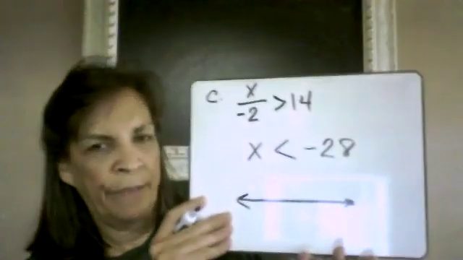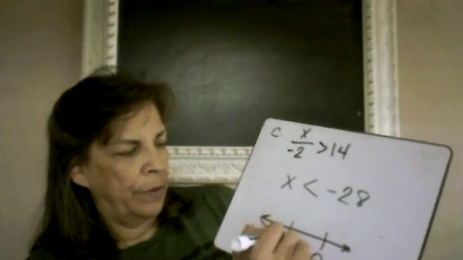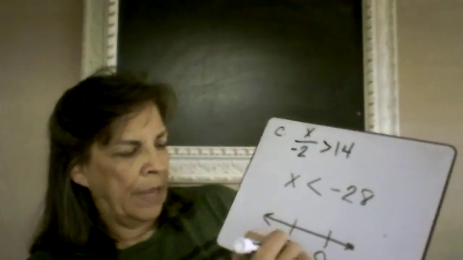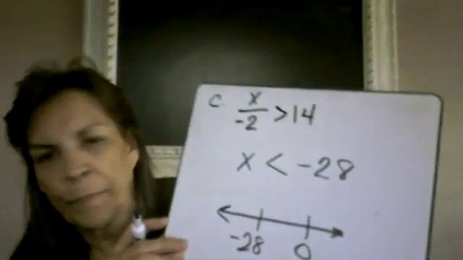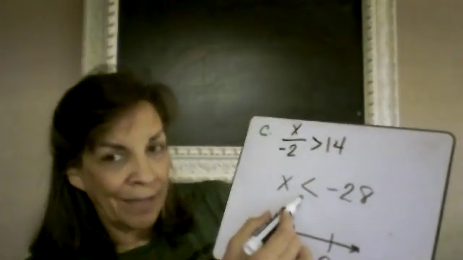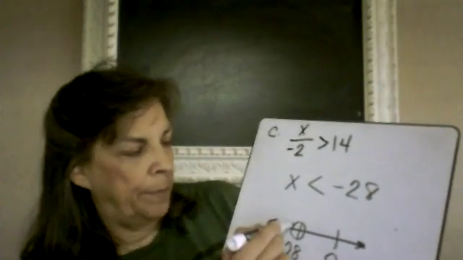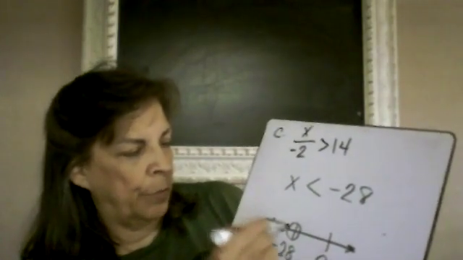Now I need to graph that. So I've got 0, negative 28, and I am going to not include negative 28, open it up, all numbers less.